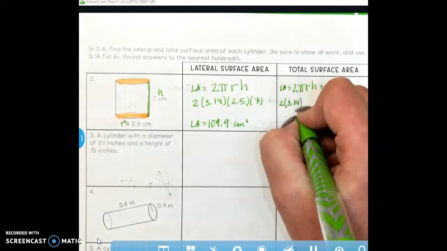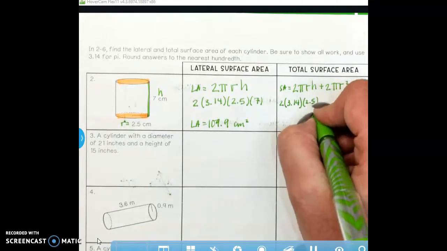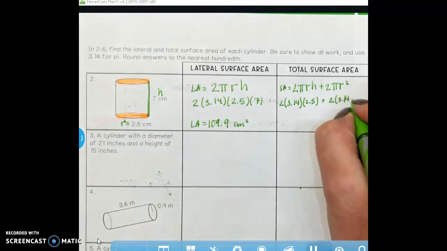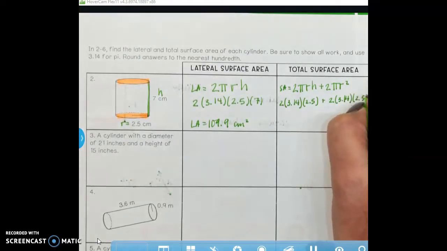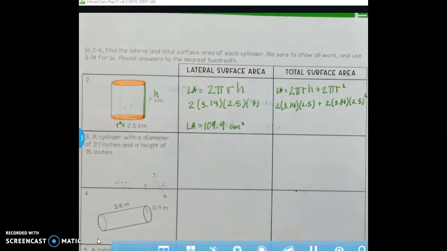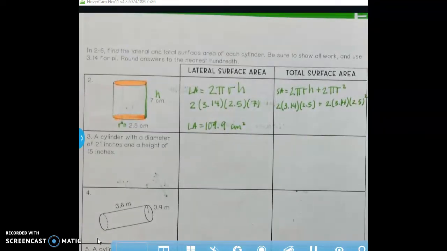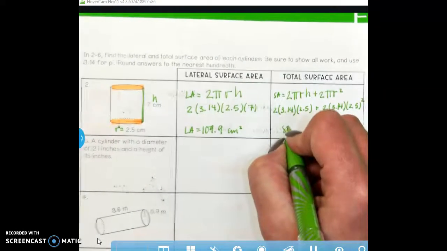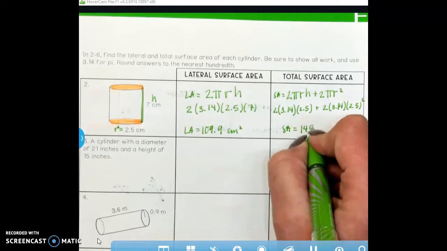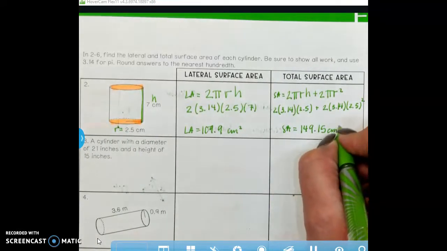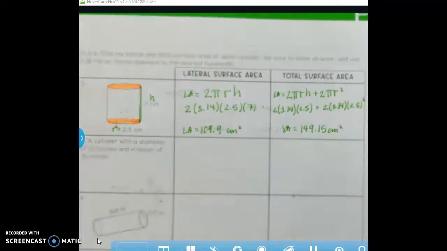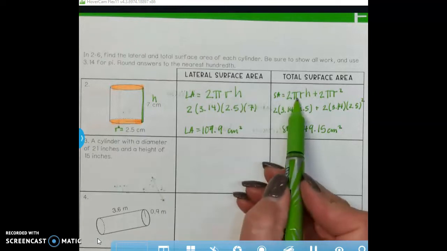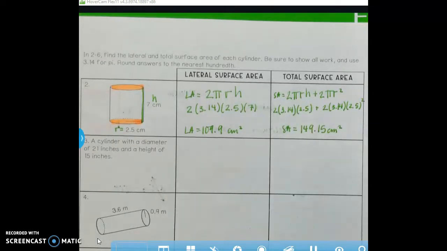Do not rush through this process. And when we multiply across and add in these values, we're going to get the total surface area equaling 149 and 15/10, still square centimeters. So no guesswork. Plug the values in, and they're going to be ready to go.